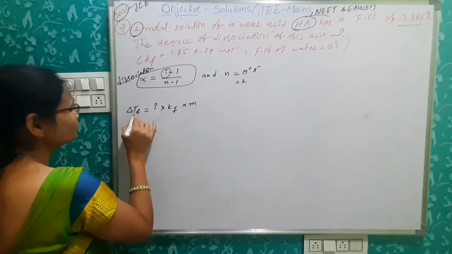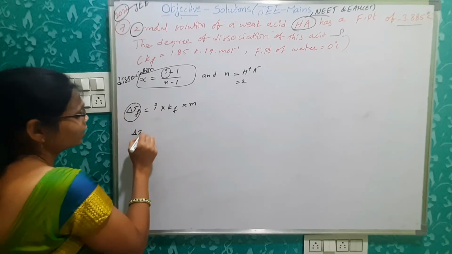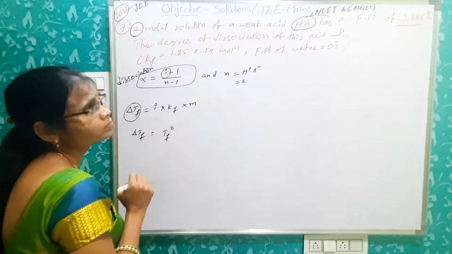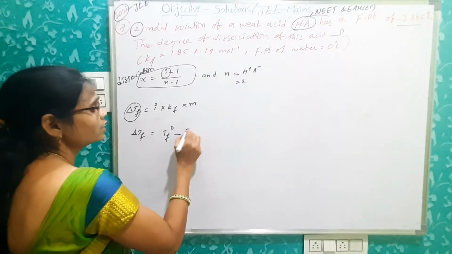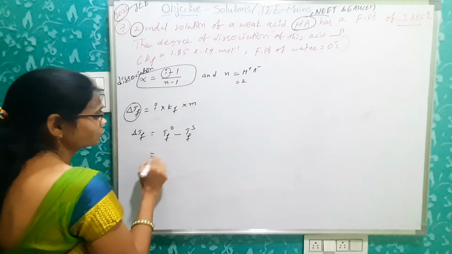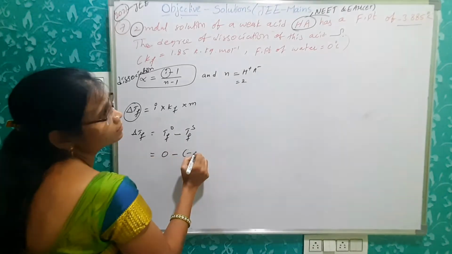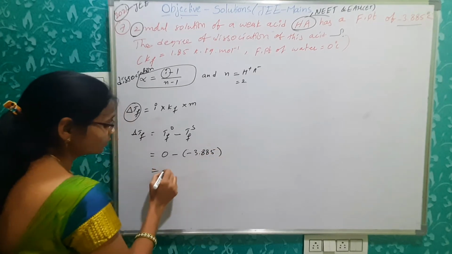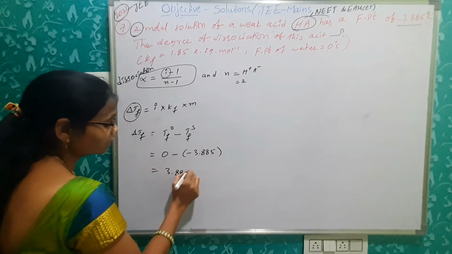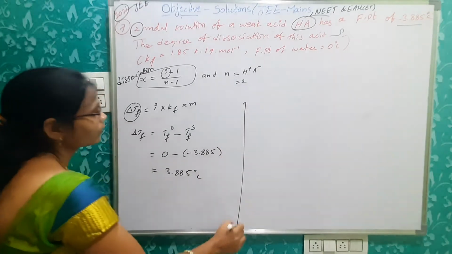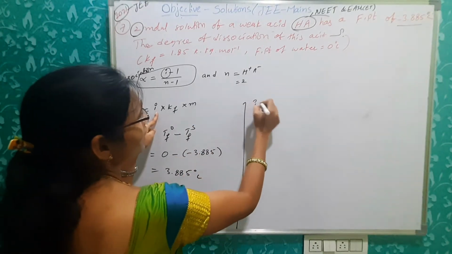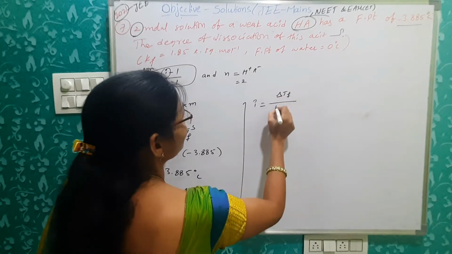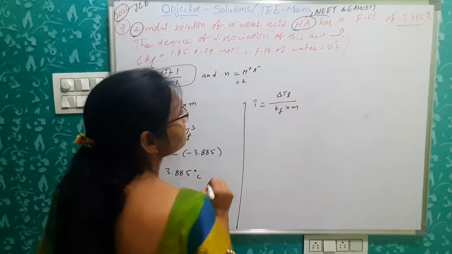Here delta Tf is also not there, that is equal to Tf 0, the freezing point of water, minus the freezing point of the solution, 0 minus minus 3.885, simply 3.885 degrees Celsius. Now the i factor is equal to delta Tf by Kf into m.